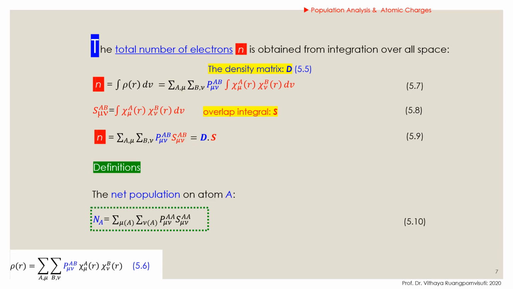Therefore, we can shorten the equation 5.7 as equation 5.9: N equal to D matrix times S matrix. By definition, the net population on atom A, or N_A, can be computed using the equation 5.10.